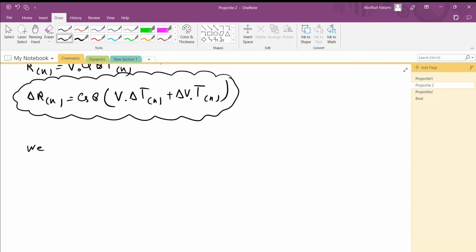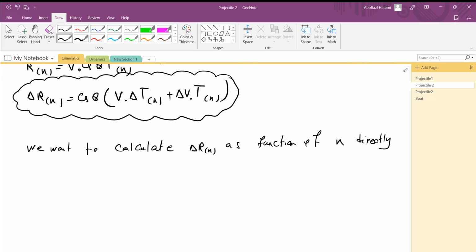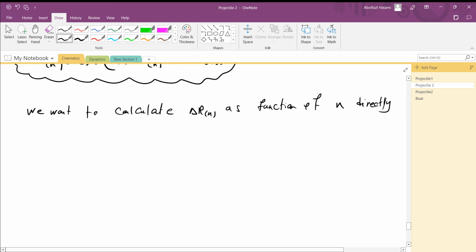We want to calculate delta Rn as a function of n directly.